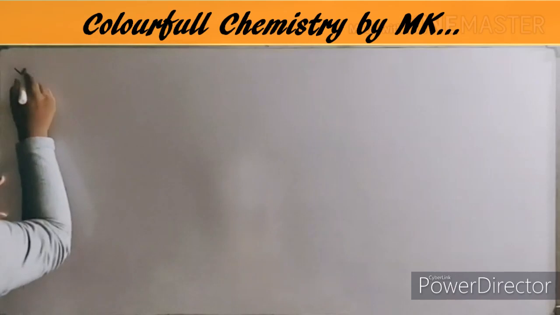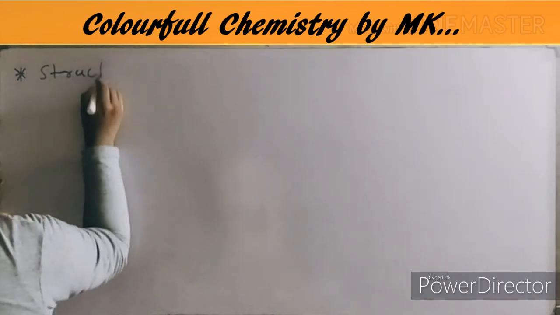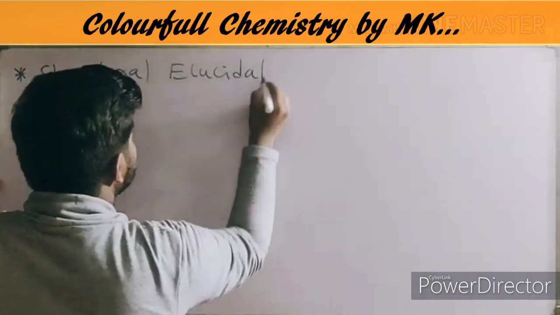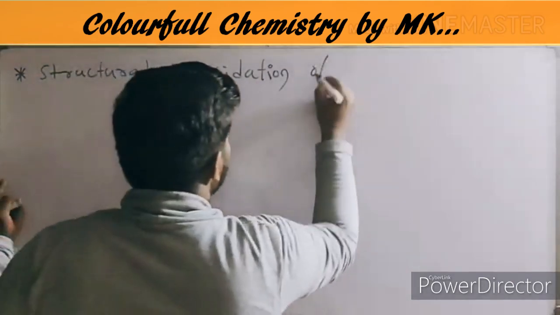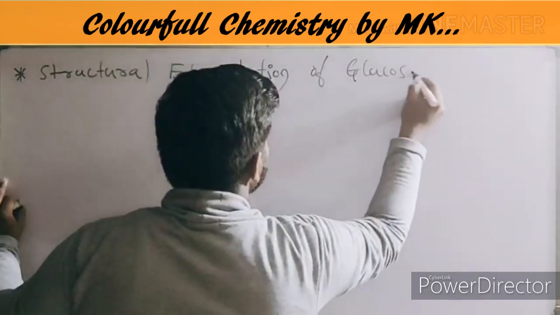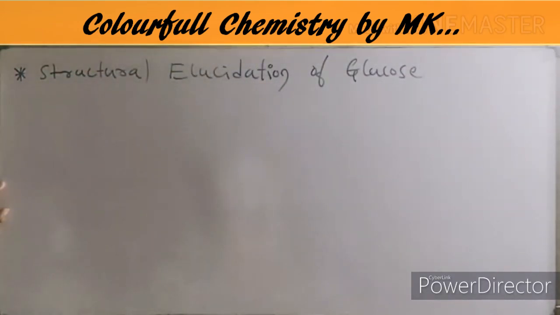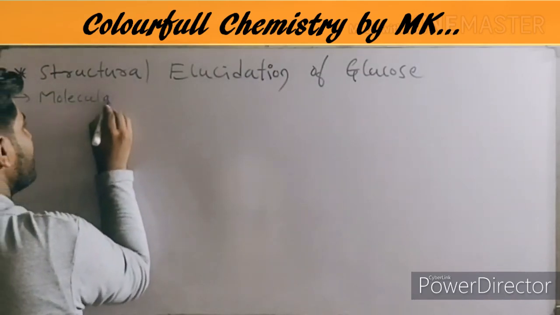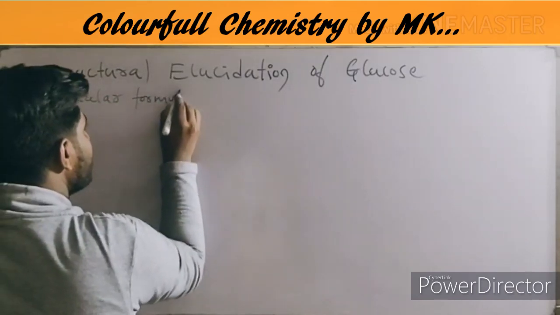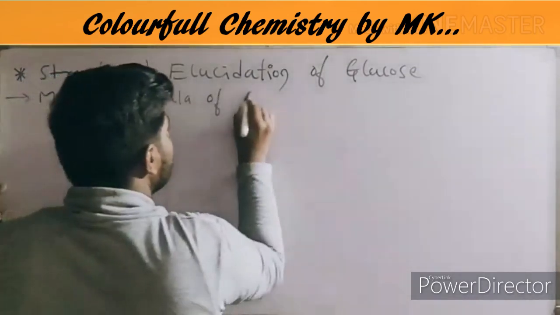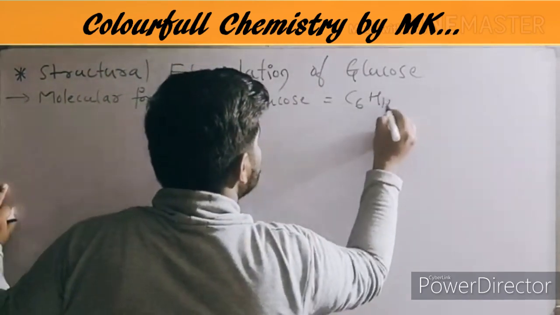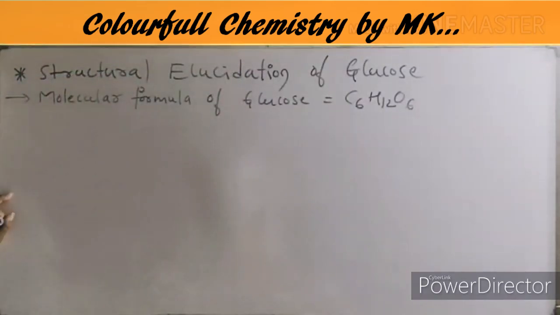So the first point we all know, guys: the molecular formula of glucose is equal to how much? C6H12O6. C6H12O6 is the molecular formula of glucose.